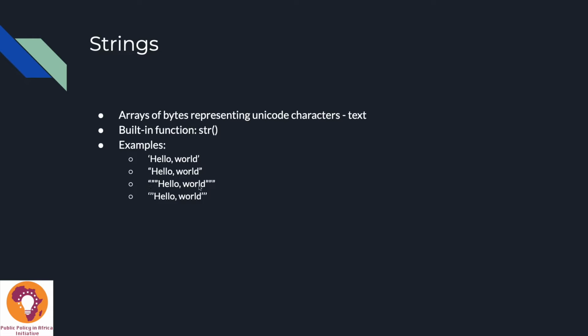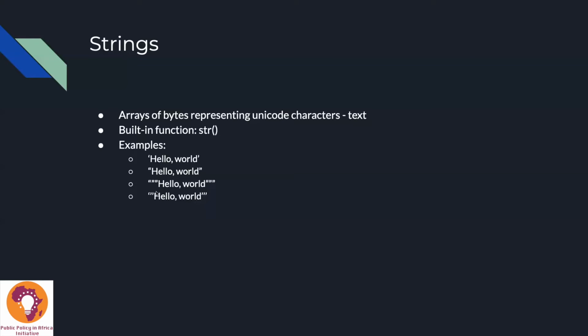The triple quote will allow you to have multi-line strings, and that's the same case for triple single quotes. So the bottom two are basically for multi-line use cases, and the top two are for single line use cases generally.